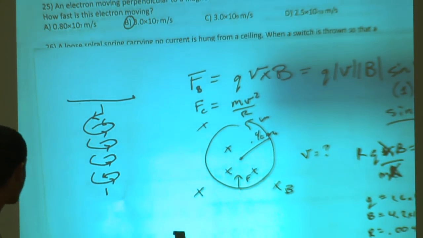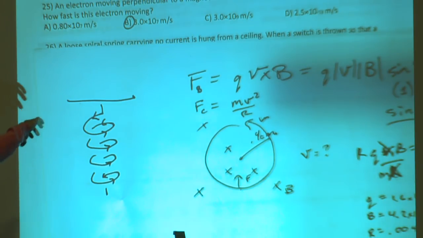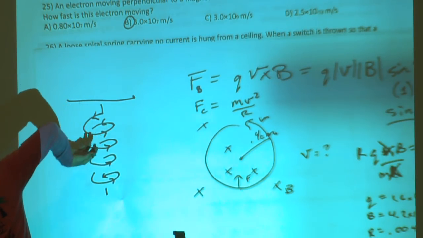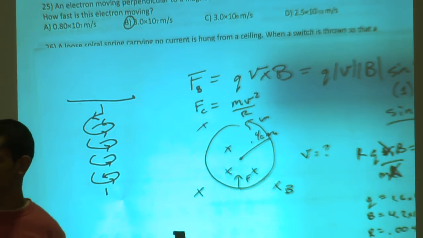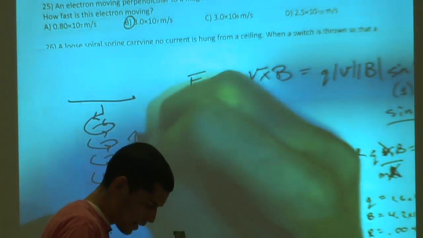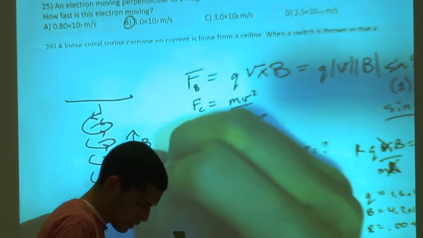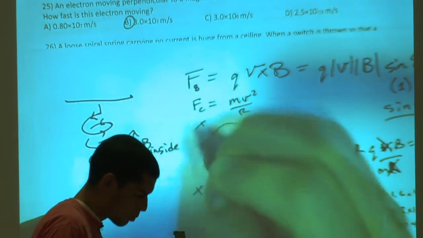We'll see using our right-hand rule that current's going that way, thus in the center of the coil will we have magnetic field going up or down? Up. Awesome. So magnetic field inside will be up.